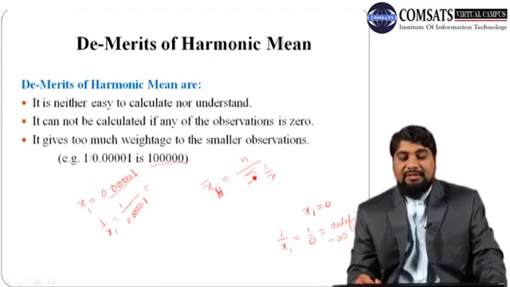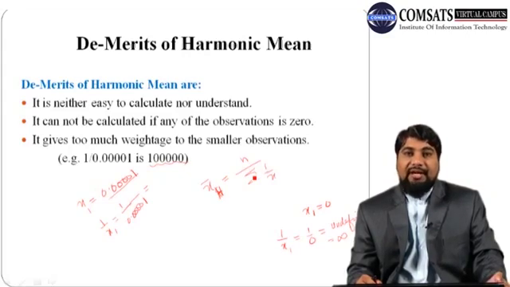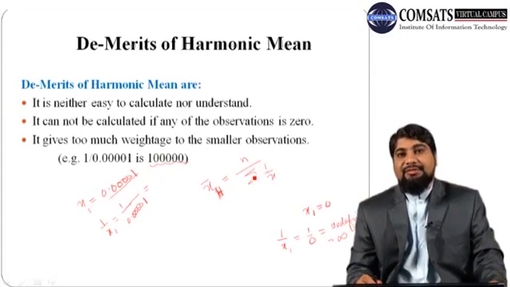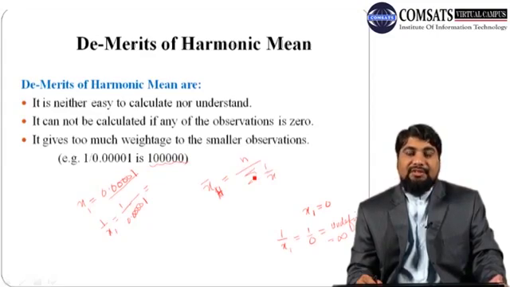If any of the observations is very small, then harmonic mean will give very high weightage to this smaller observation. So this is another demerit of using harmonic mean in these types of data.